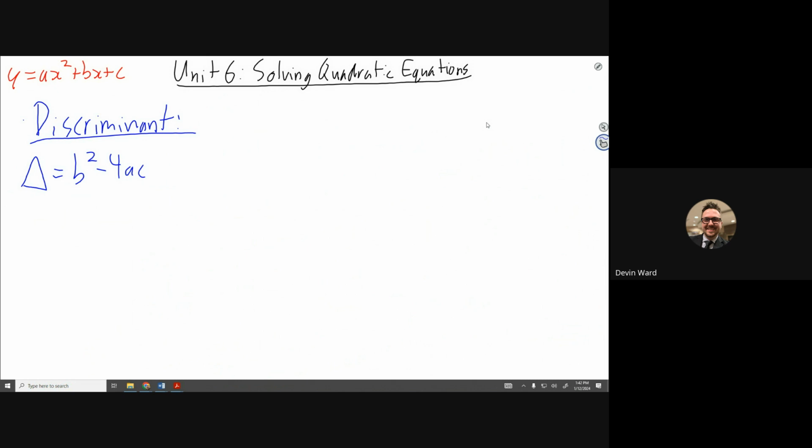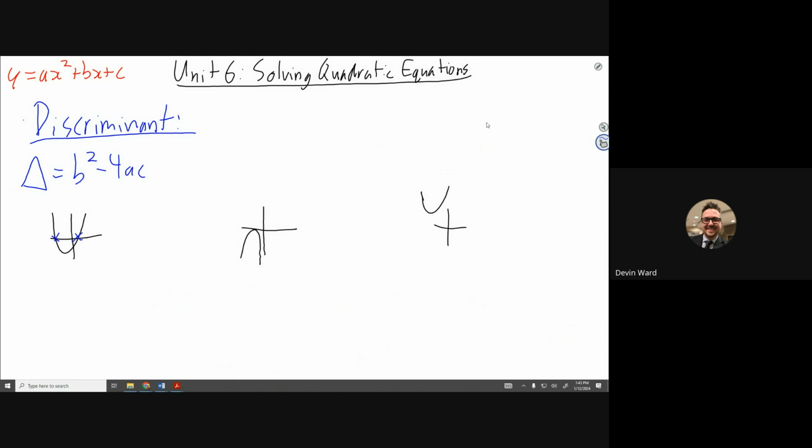Okay? Because we can have a quadratic equation that's something like this. I can have one that looks like this, or I could have one that looks like this. In this case, I have two solutions.